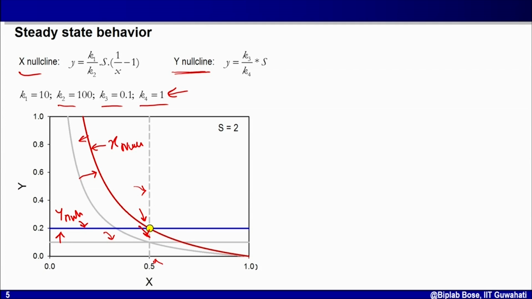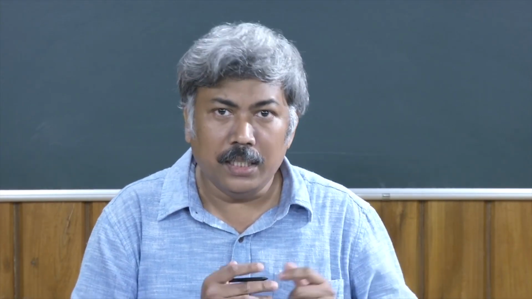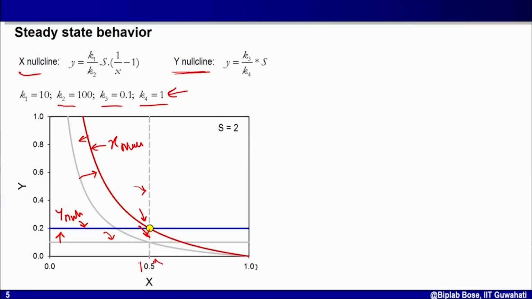And you can easily see that at that intersection point, the value of x is 0.5, same as what we got in the previous nullcline intersection. So as I have shown in the algebraic calculation, here also I am getting that the steady state value of x remains constant at a particular value, and for these numerical values it is 0.5.